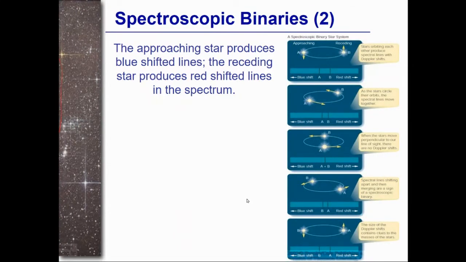And when the star is receding, moving away, then you are seeing something that we call red shift, because it's shifting toward longer wavelength.